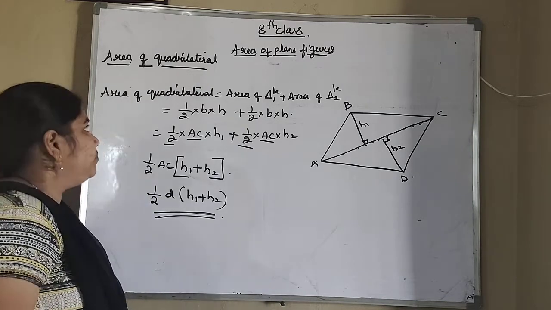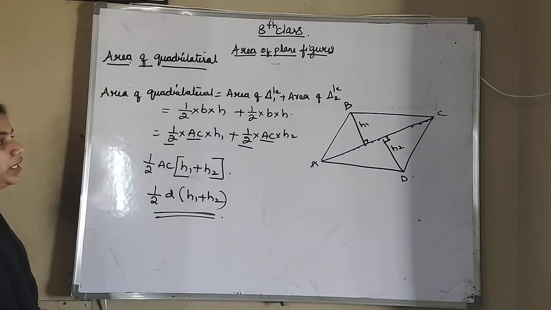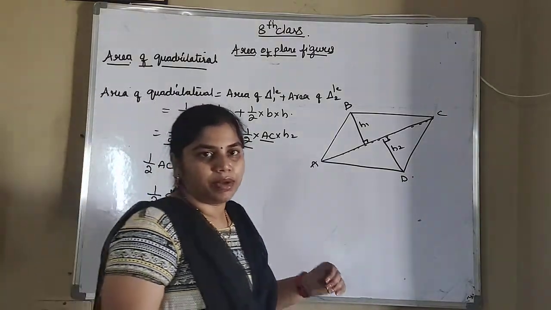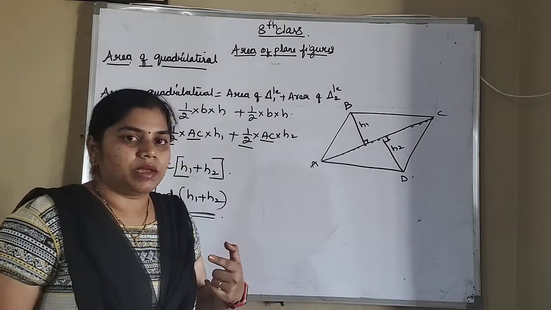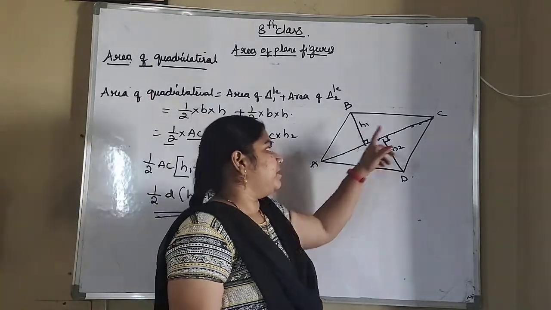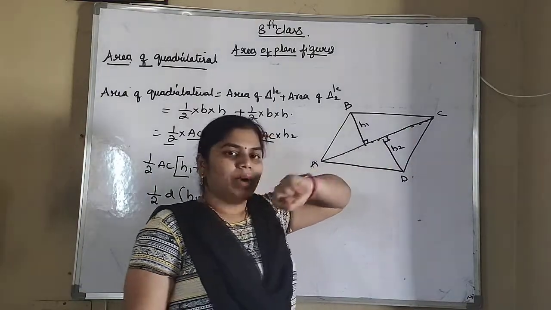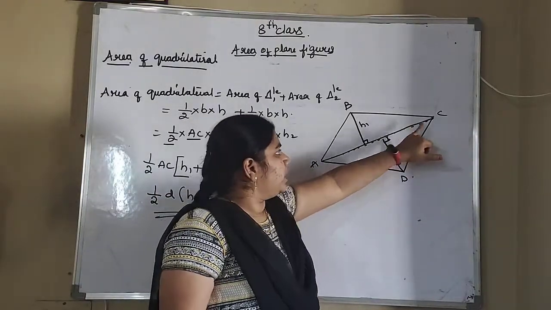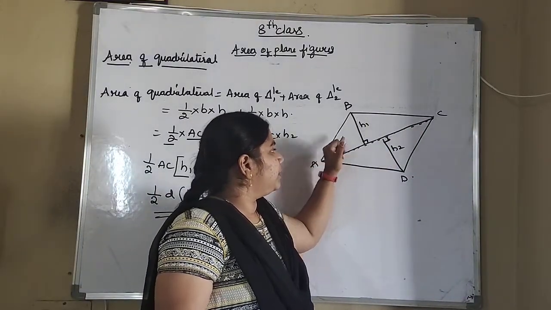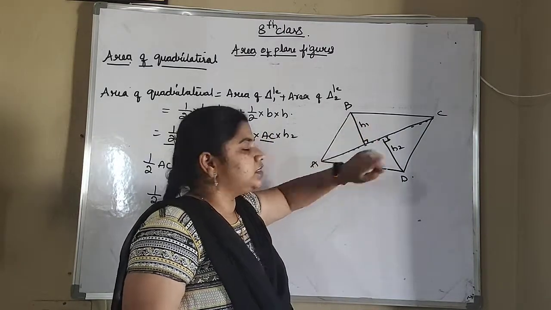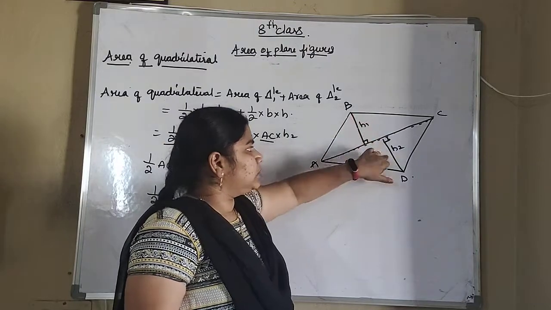Once again, see how to find the area of a quadrilateral. You can take any figure which has 4 line segments. For every quadrilateral, we will have diagonals; 2 diagonals you will see. First I am taking only one diagonal. After drawing one diagonal, the quadrilateral has been divided into 2 parts: this is triangle 1 and this is triangle 2.